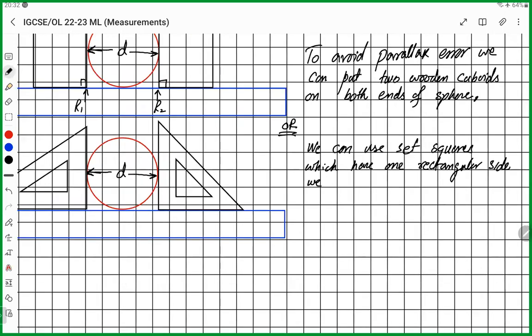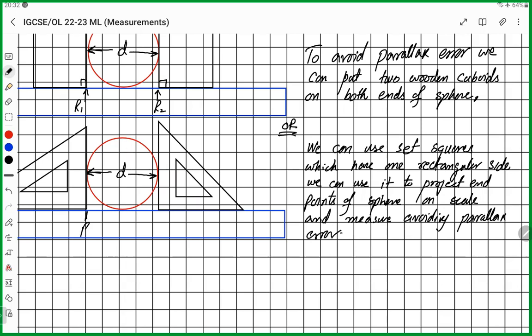We can use it to project the end points of the sphere on the scale and measure, avoiding parallax error.